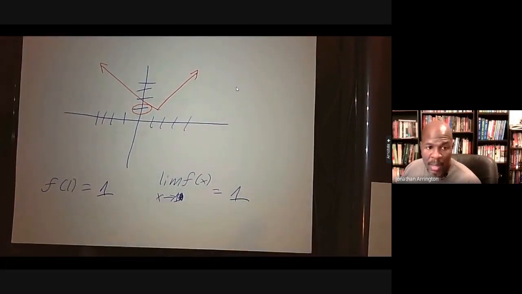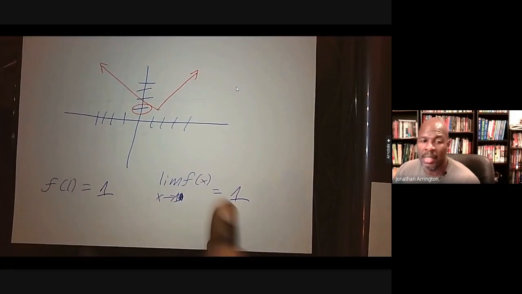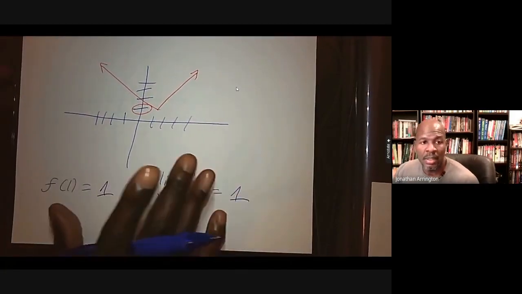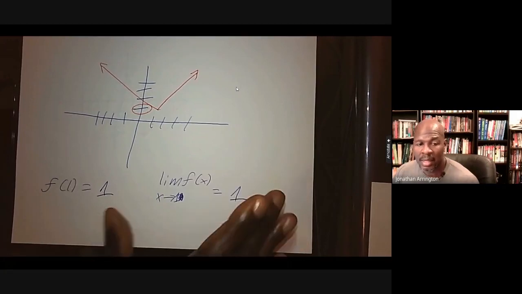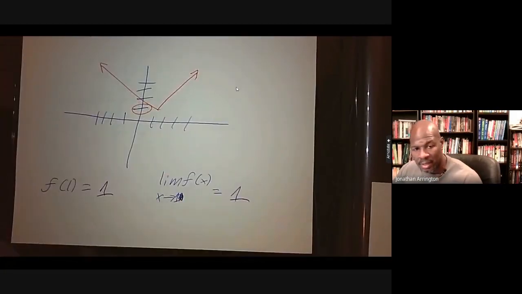So it is possible for the value at the point to be equal to the limit as x approaches the point. That's very possible, and that's a very special type of situation that we're going to cover at a later time. Not today. I don't even think this week, but I think at the beginning of next week.